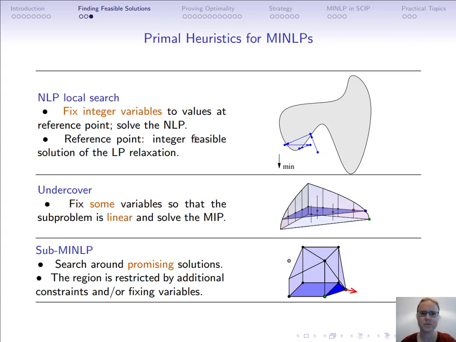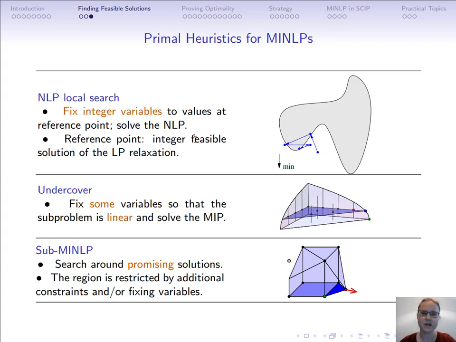Then it is also possible to take into account the problem structure. And one way of doing this is implemented in the undercover heuristic, which fixes not all integer variables, but only some of them, in such a way that the problem becomes linear, and then it solves it as a MIP, mixed integer linear program.